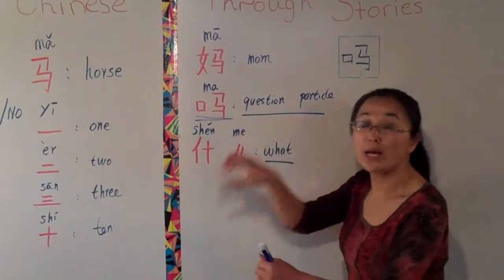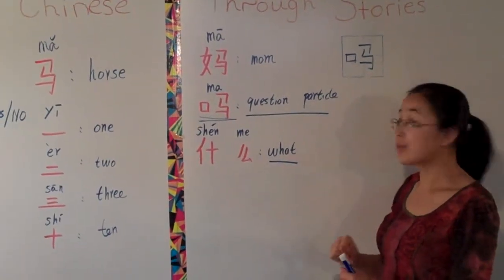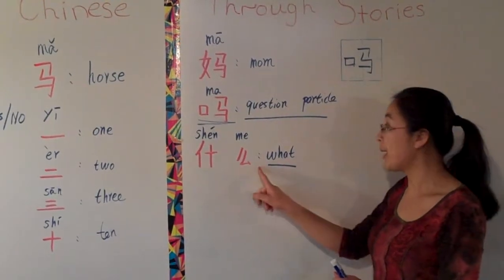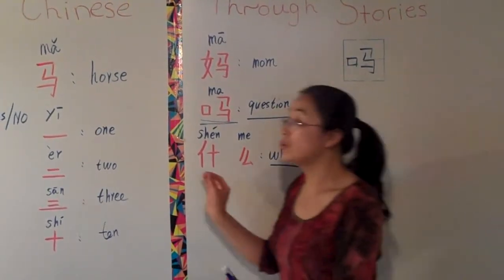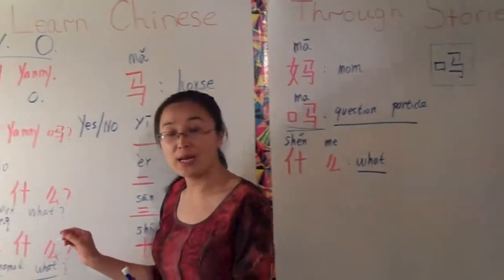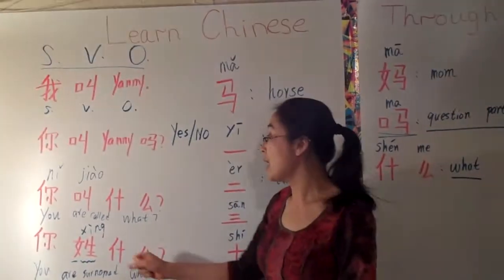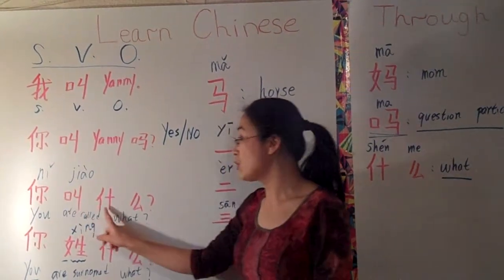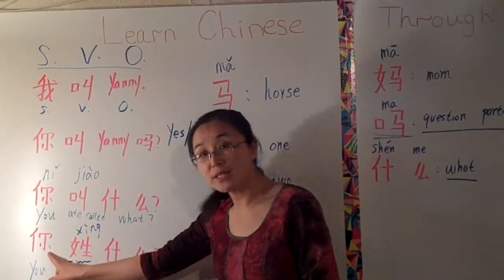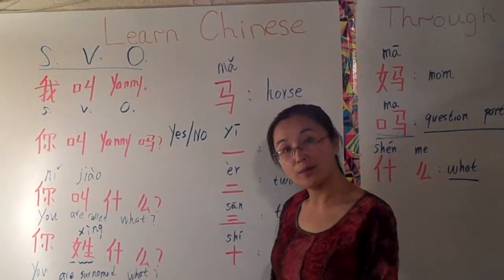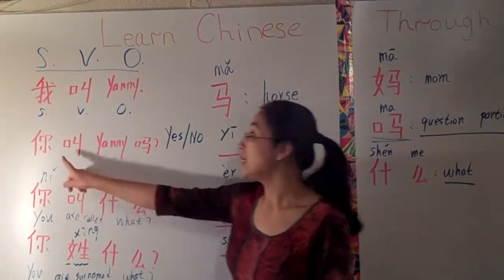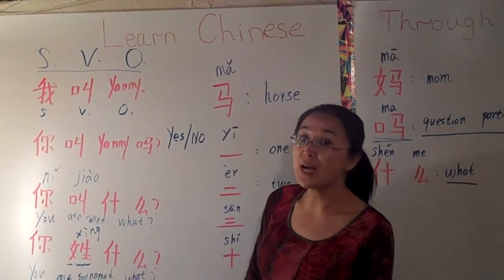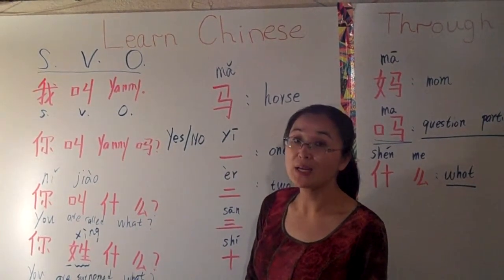We tag this one after a statement. 什么, what. And we know how to ask people's last name and their names. 你叫什么? 你姓什么? 你叫 Yanni 吗?